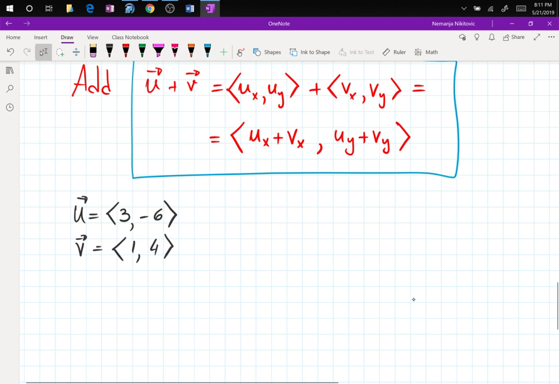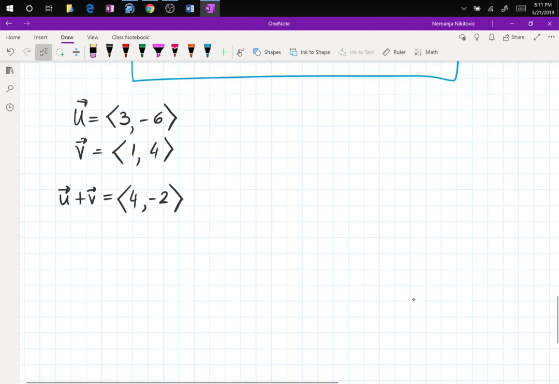I can quickly add these because u plus v is simply 3 plus 1 is 4, negative 6 plus 4 is negative 2, and I am done. As simple as that. Add x components, add y components, you're done. But now I would like to explore the graphical method.